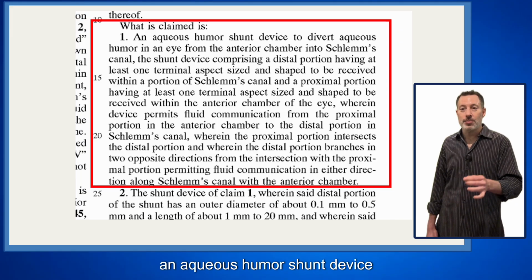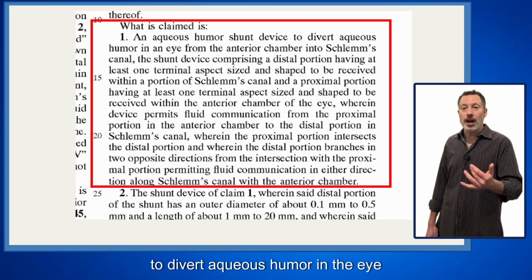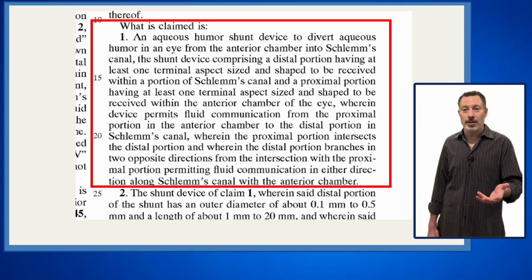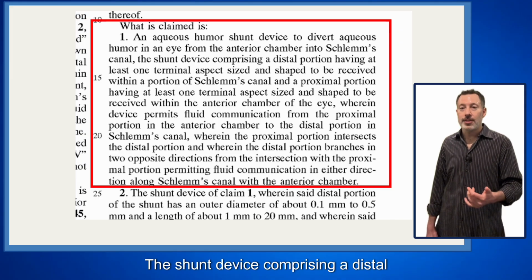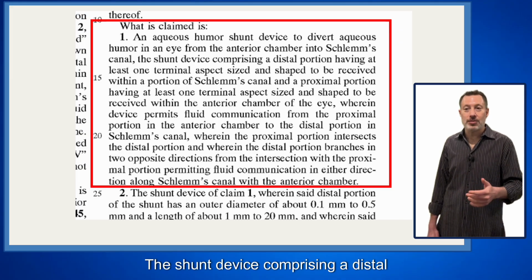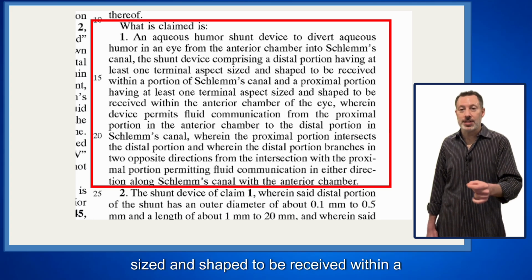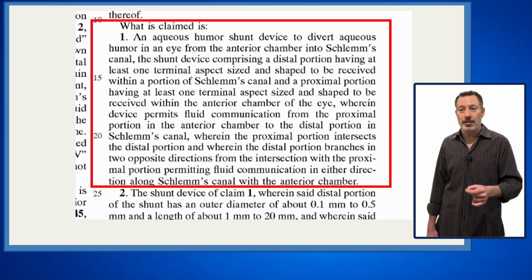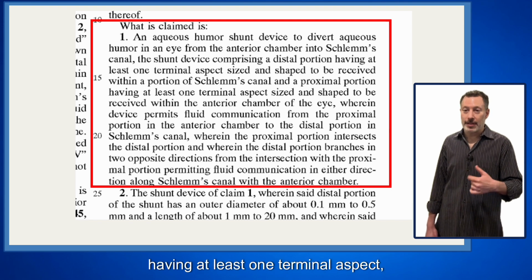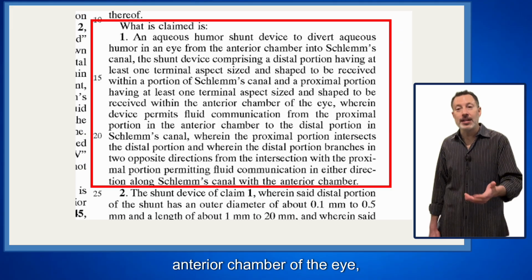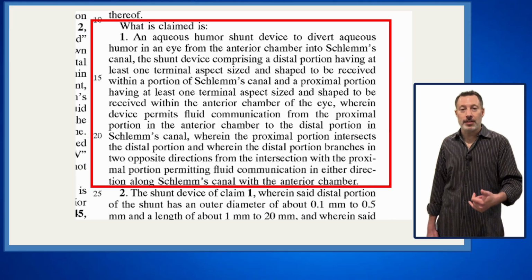An aqueous humor shunt device to divert aqueous humor in the eye from this one place, the anterior chamber, into Schlemm's canal. The shunt device comprising a distal portion having at least one terminal aspect, sized and shaped to be received within a portion of Schlemm's canal, and a proximal portion having at least one terminal aspect, sized and shaped to be received within the anterior chamber of the eye, and so on.